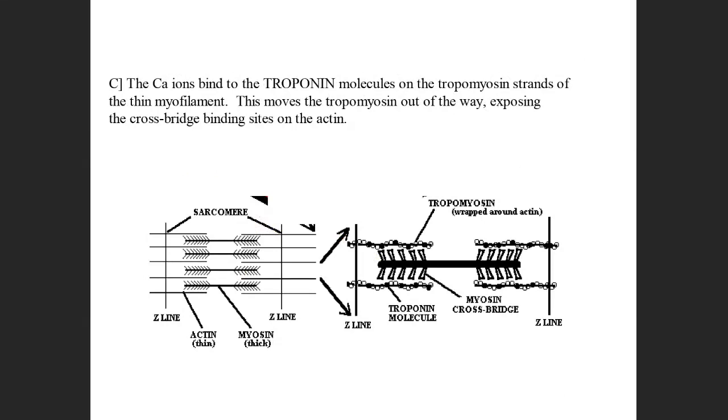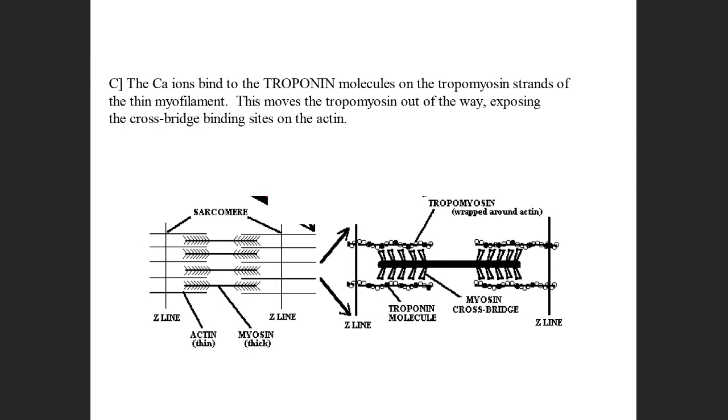And where they go is to the tropomyosin. The tropomyosin has troponin muscle chemicals in it, which are also proteins, and they attach to the calcium. So the calcium ions come out of the SR and bond to the troponin on the tropomyosin, which is wrapped around the actin fibers in the sarcomere. When that happens, the tropomyosin changes its shape.